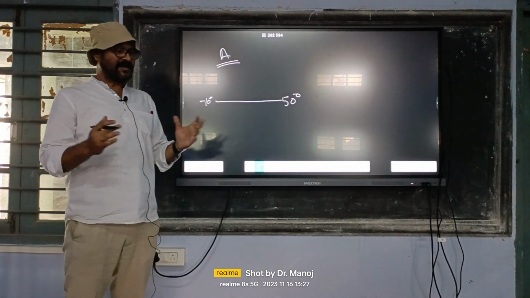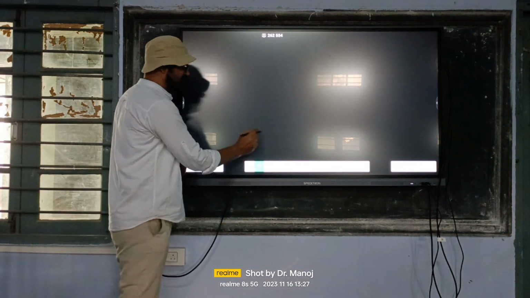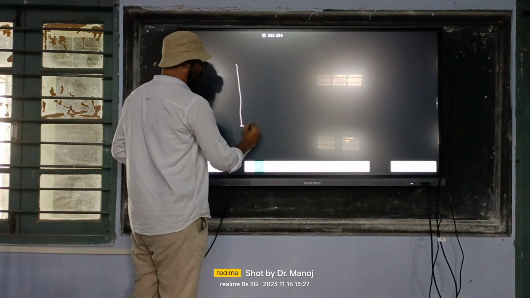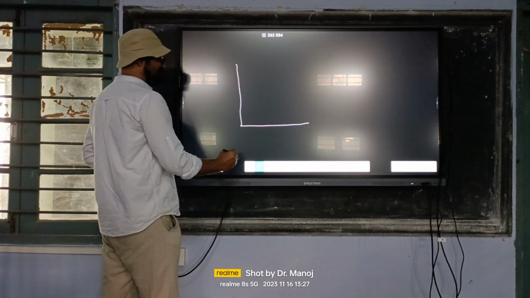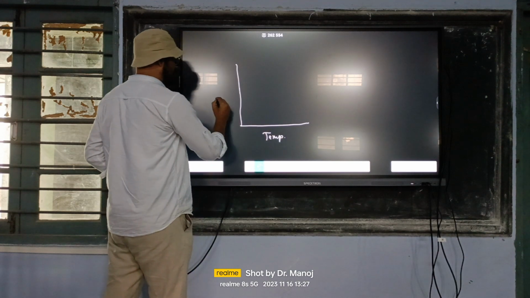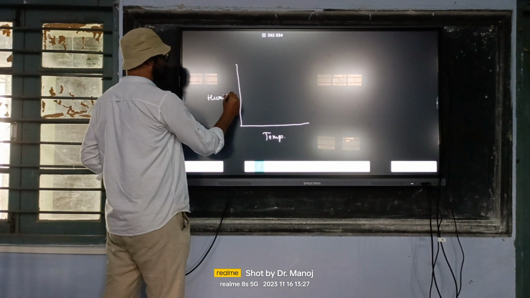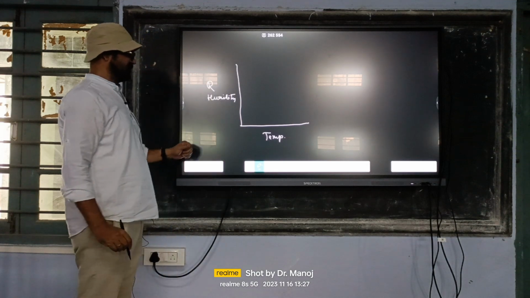Since the environment is composed of n number of variables, if we plot these variables one by one in a graph, suppose I take temperature and relative humidity on the y-axis.